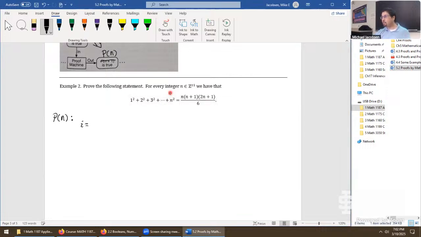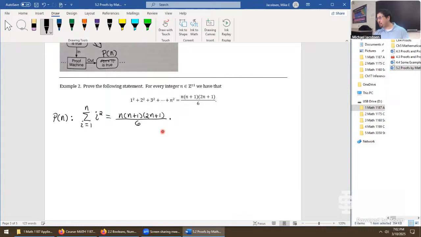If we sum from i equals 1 up to n, avoiding the mistake, I will not put n squared there. We have to put in i squared to avoid that same mistake. It should come out as n times n plus 1 times 2n plus 1, divided by 6.